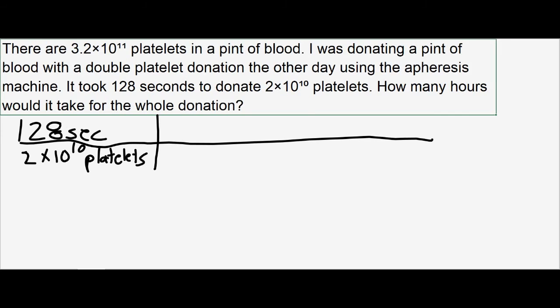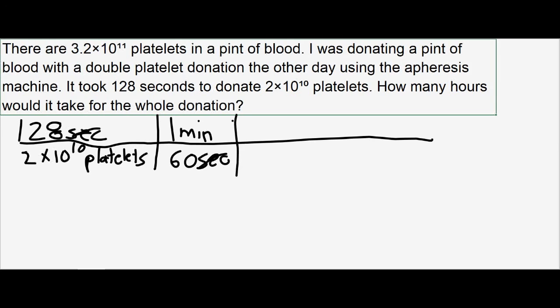And I'm going to multiply by 1 minute per 60 seconds. Already drawn the line, I don't need to draw it again. 60 seconds. And what we found is that just like with a fraction, those seconds will cancel out. And if I do this math, I would have the number of minutes per platelet.